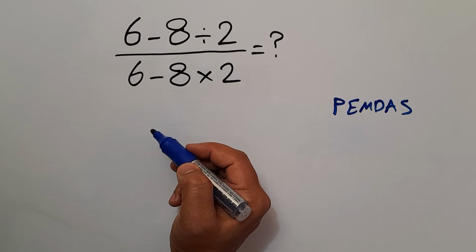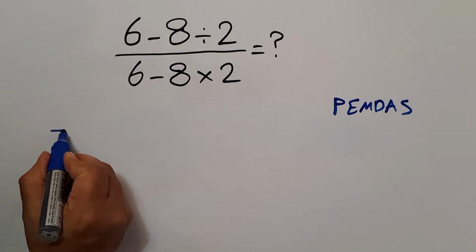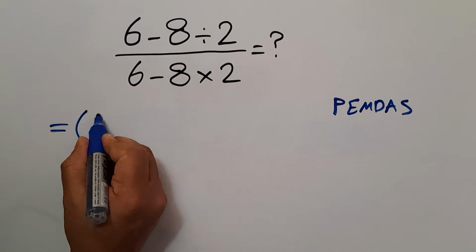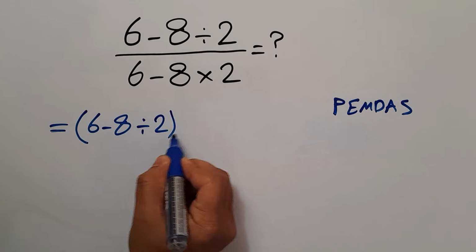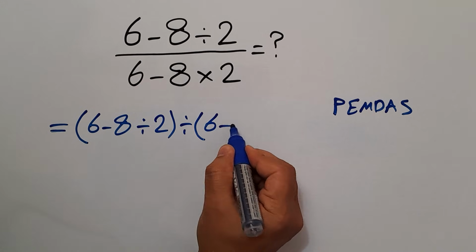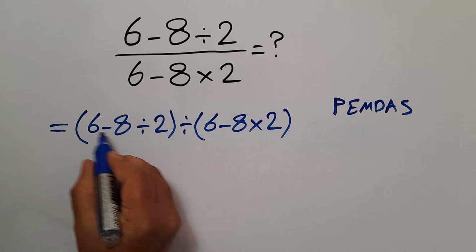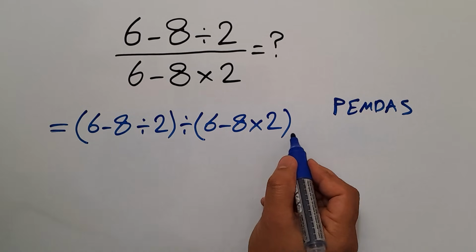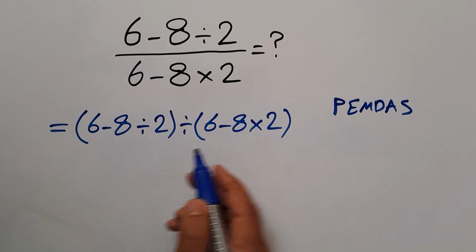And we can say this fraction can be written as parentheses 6 minus 8 divided by 2, then divided by parentheses 6 minus 8, then times 2. The numerator divided by denominator. We can write this fraction like this, okay?